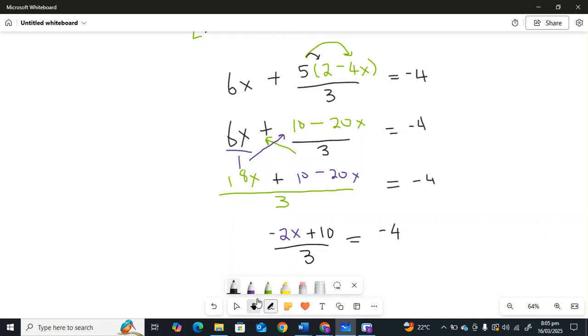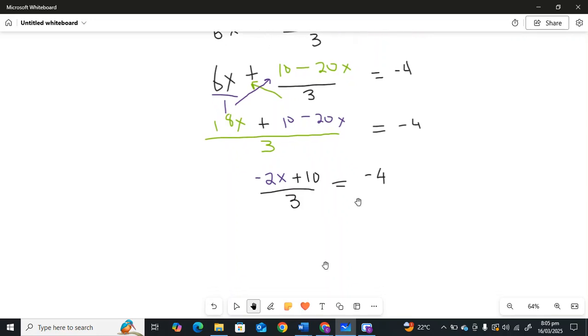Once we reach this point, it's a matter of cross multiplication. 3 times negative 4 is negative 12, equals negative 2x plus 10 multiplied by the imaginary 1 under the 4, giving negative 2x plus 10.